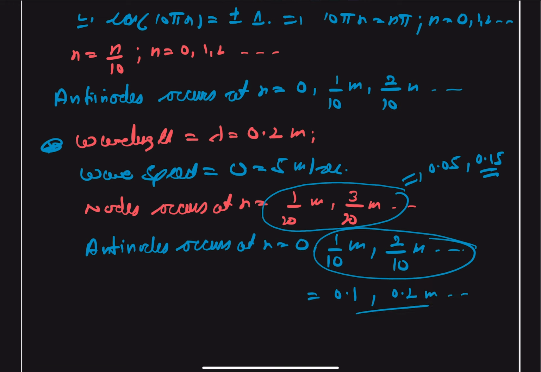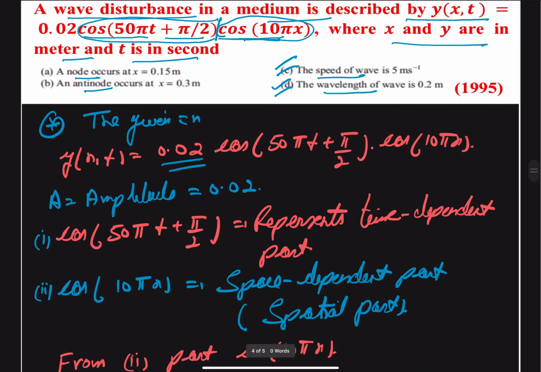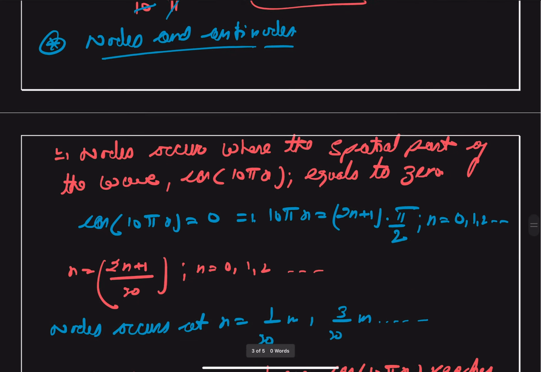So we are having the nodes at 0.15 and antinode at 0.2. We can just elaborate it more.